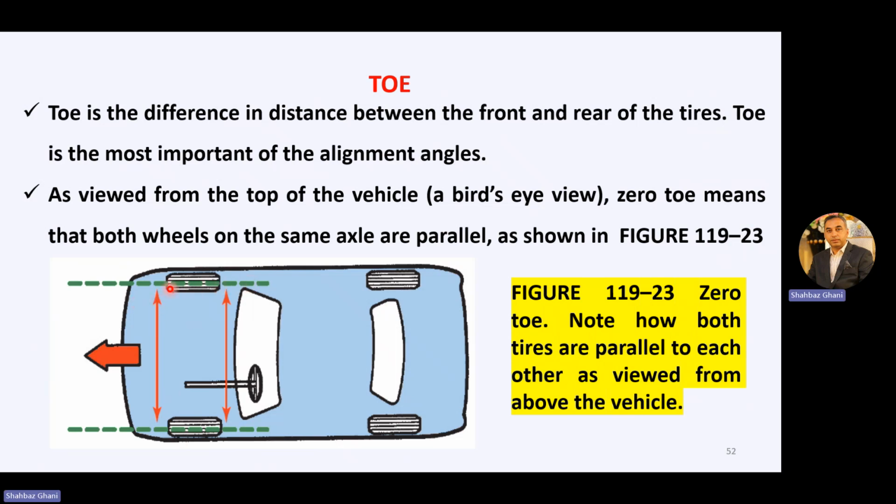The distance between the front right and front left, and the rear right and rear left, this distance and this distance is the same. So they are absolutely parallel to each other. So we have the zero toe angle here, but that is not desirable.